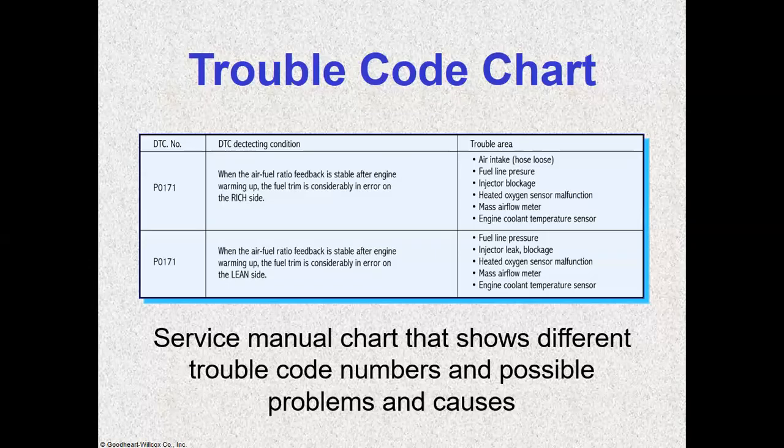So we have our air intake, so a loose hose, right? And that loose hose would have to be after the airflow sensor. Once the airflow sensor reads a certain gram of air passing, you would have unmetered air after the sensor.